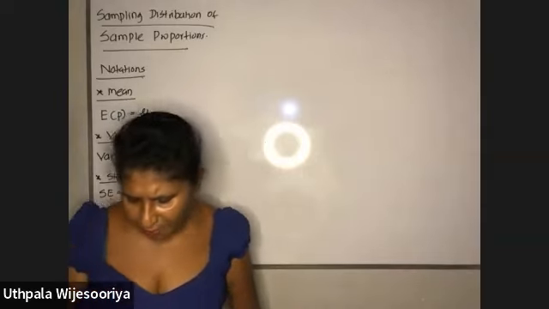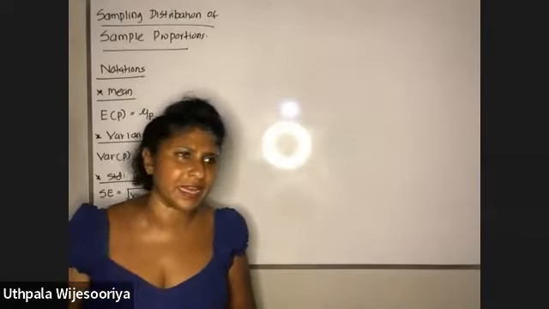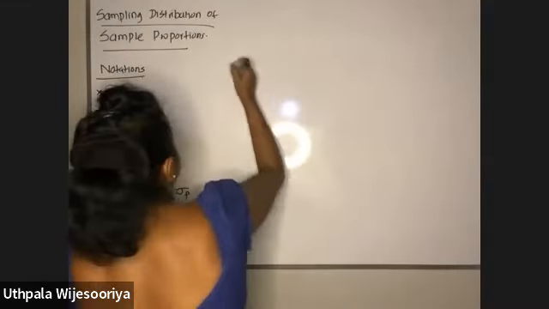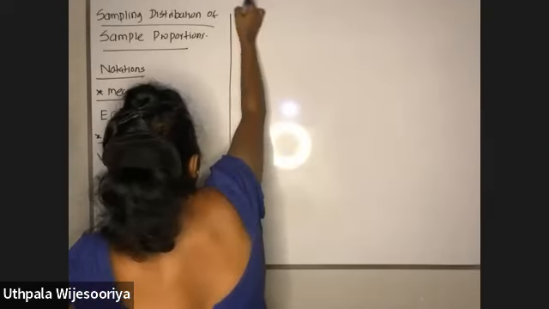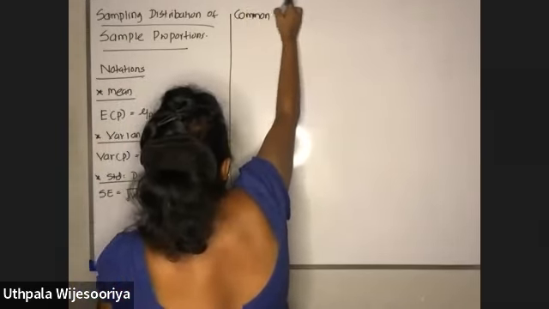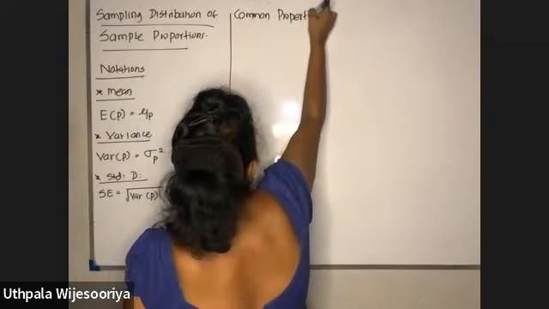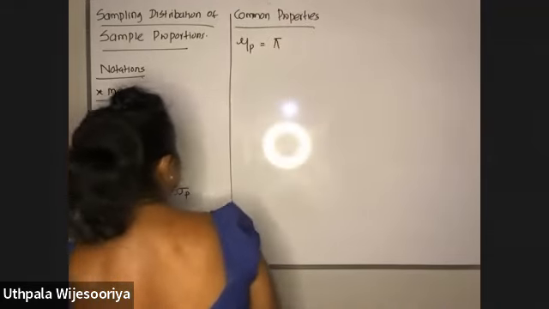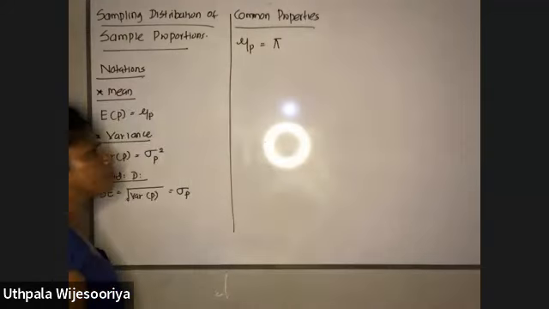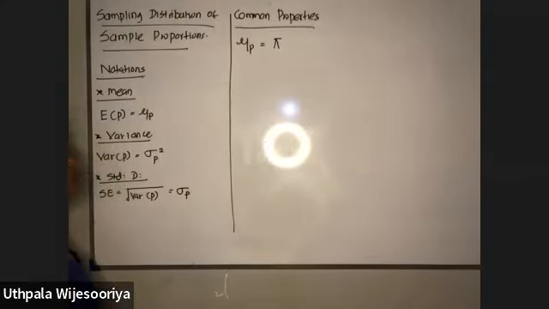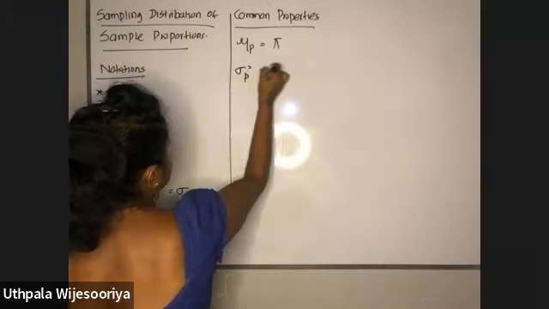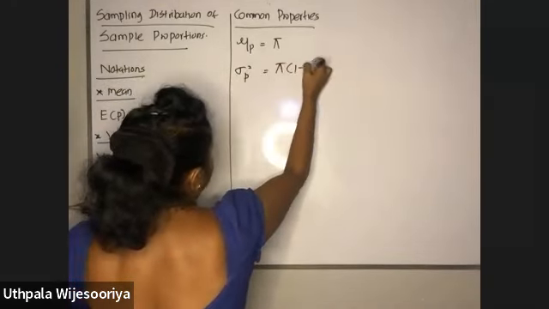Right. What are the common properties? Mu p is equal to pi, so its mean is equal to the population proportion, and its variance is equal to pi into 1 minus pi over n.